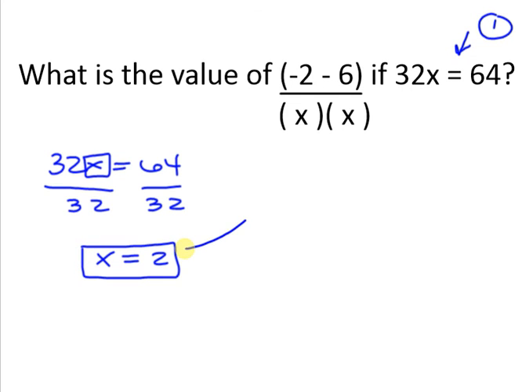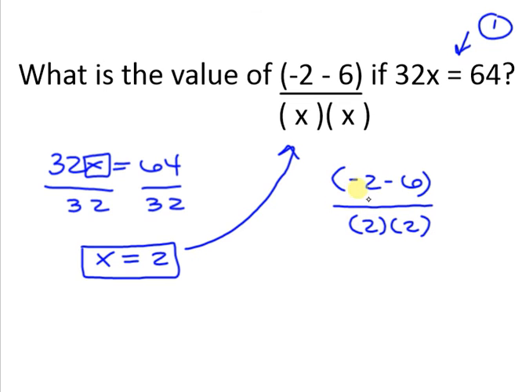We need to take this and plug it into our expression. All right, negative 2 minus 6. That's going to equal negative 8. 2 times 2 is 4. Negative 8 divided by 4 is negative 2. And that's the answer to our problem.